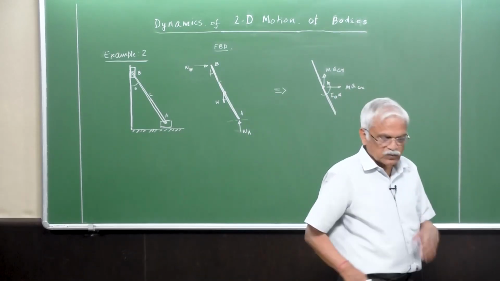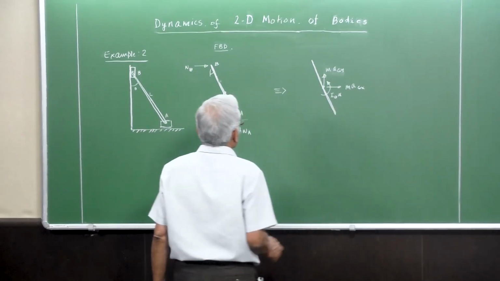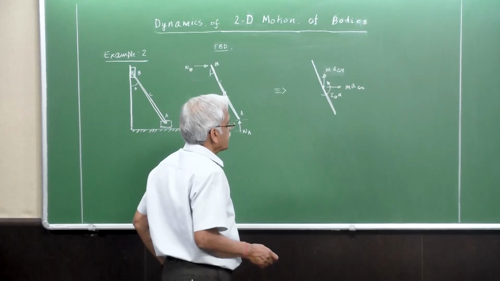Okay, so this is Ig times alpha. So you can see now here we are going to get three equilibrium equations.